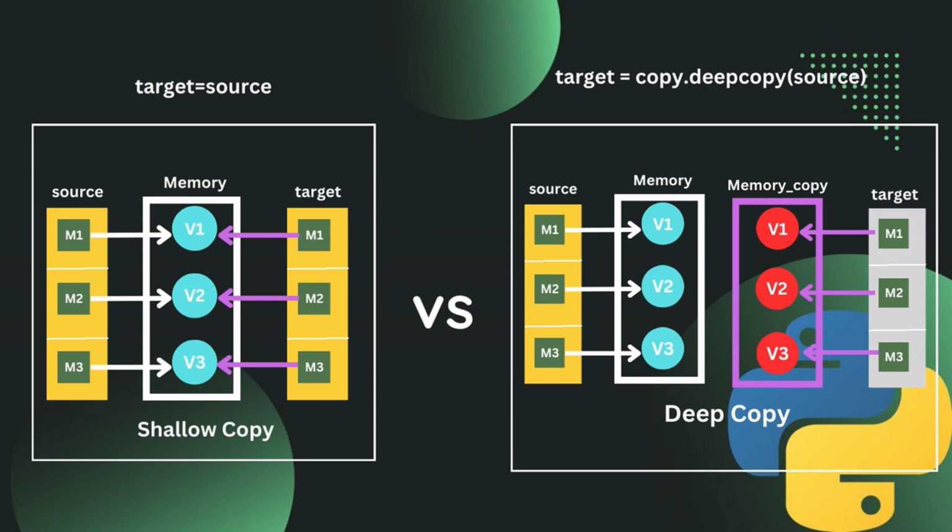In case of deep copy, whenever we copy an object into another, complete references along with its data are copied into the target object. Hence, the target object will have a completely different memory location. That's why the changes made to one object will not be visible to the other object.